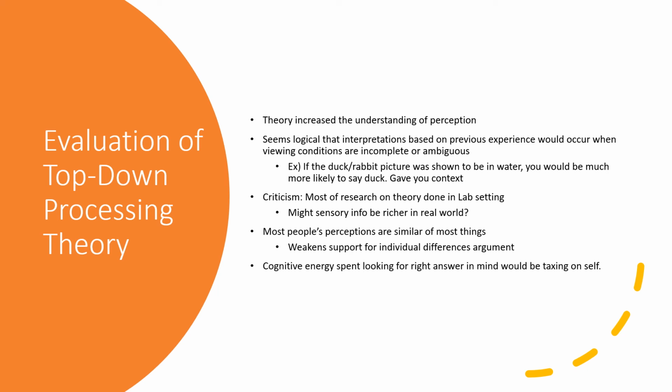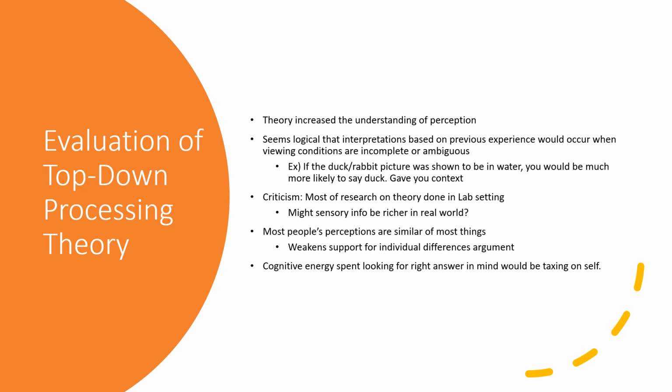There is a criticism, though. Most of the research on the theory has been done in lab settings. And so might it be richer? Might there be more ecological validity if it happened in real world situations? And then most people's perceptions are similar for most things, and so it sort of weakens support for this individual differences based on past experiences argument.